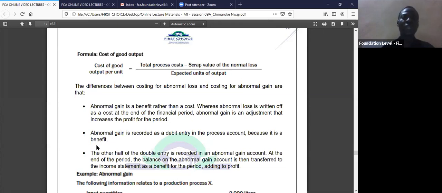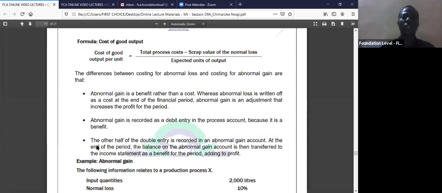So when there's an abnormal gain, we enter it in the process account, which is debited, while the abnormal gain account is credited. Then at the end of the period it is transferred to the P&L, and the transfer increases the profit in the P&L.